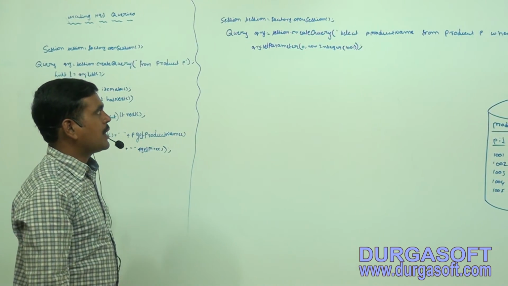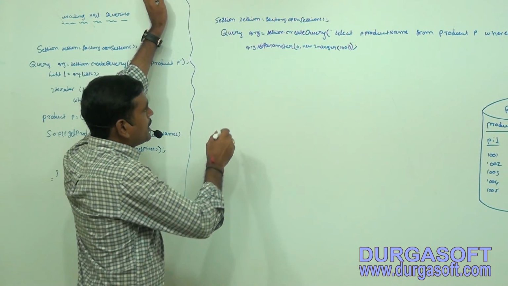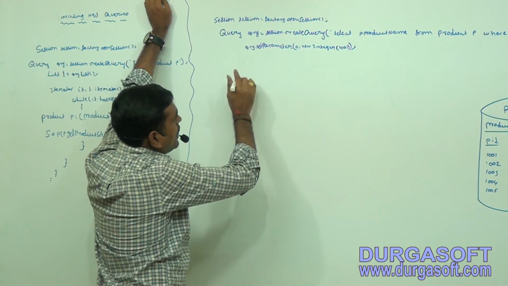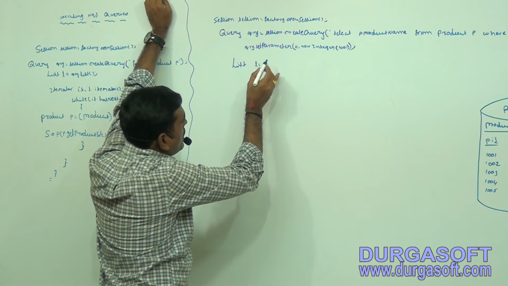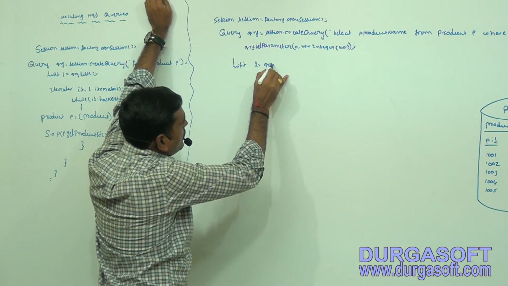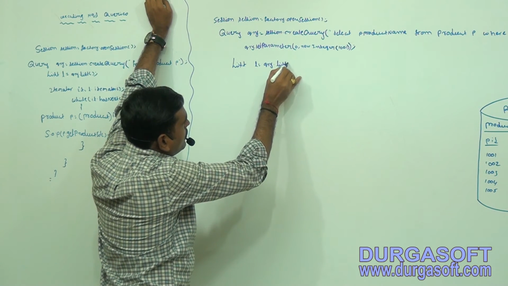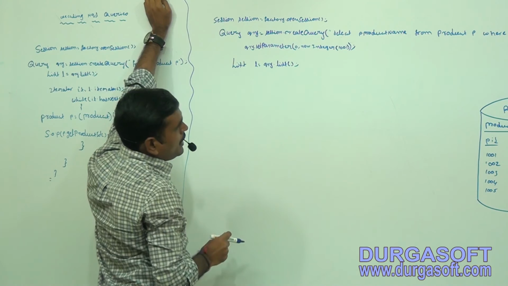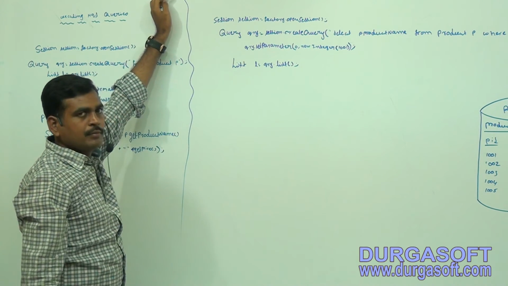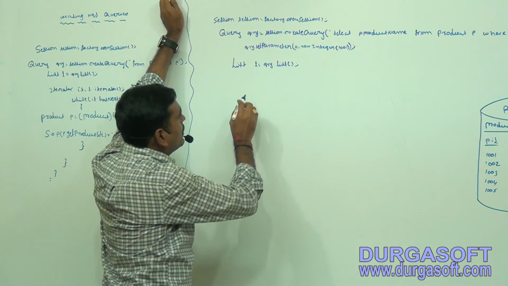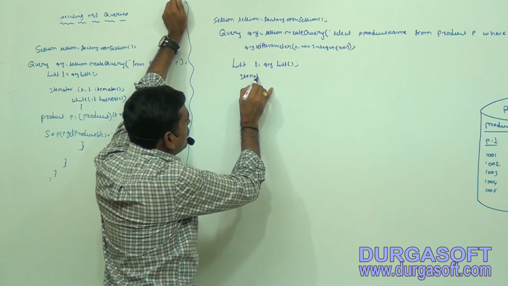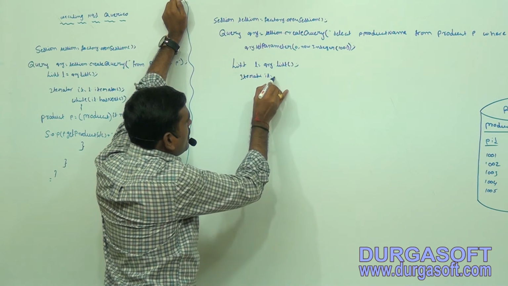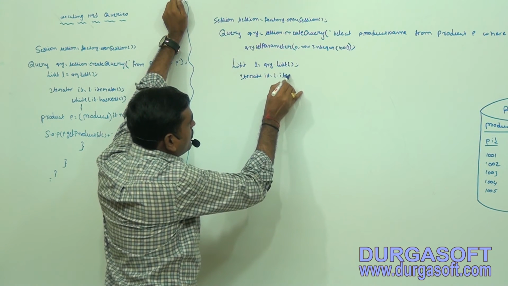We can set like this. After that, we can get the list object: List l is equal to query.list(). If only one record is there, it is not required, right? Then next, after that, the iterator: Iterator it is equal to l.iterator().